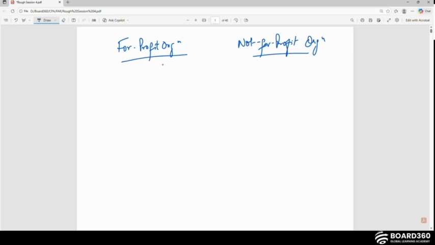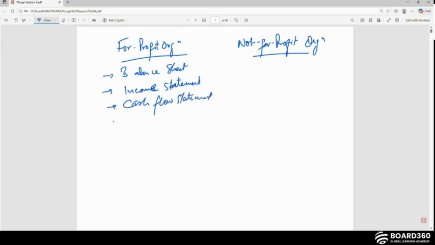So for for-profit organizations, we did balance sheet, we did income statement, we did cash flow statement, right? These were the major statements for profit organizations, where the main aim of the organization was to earn profits.